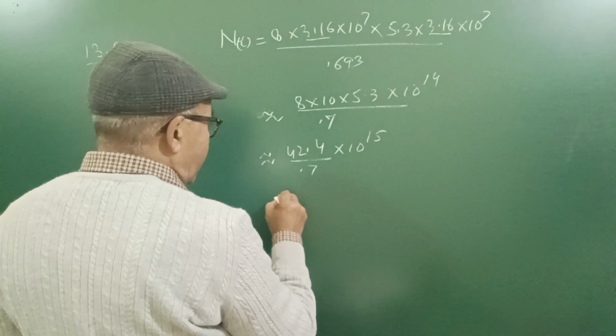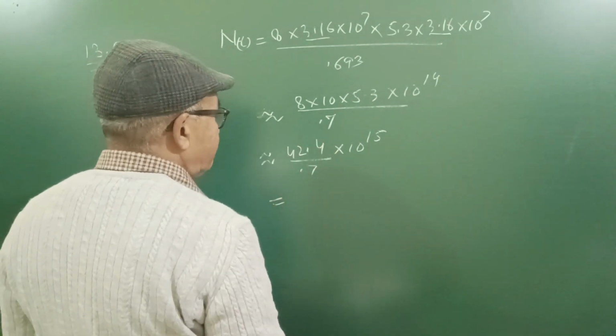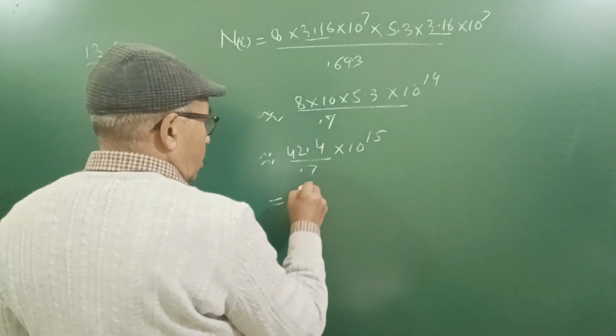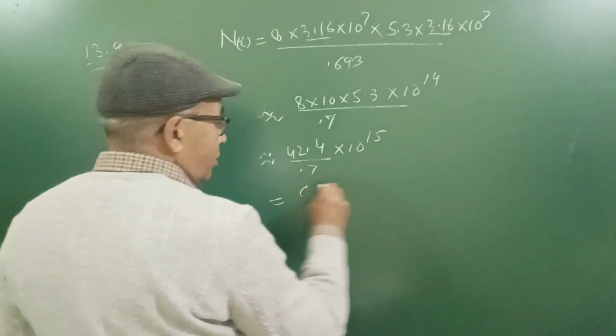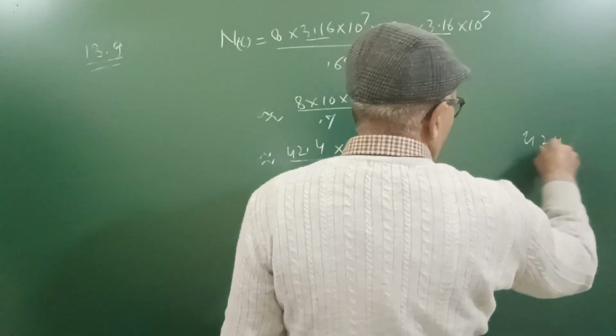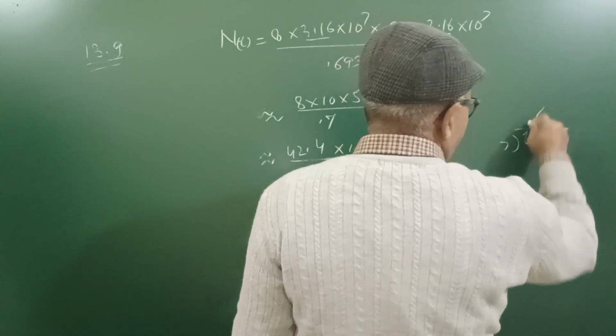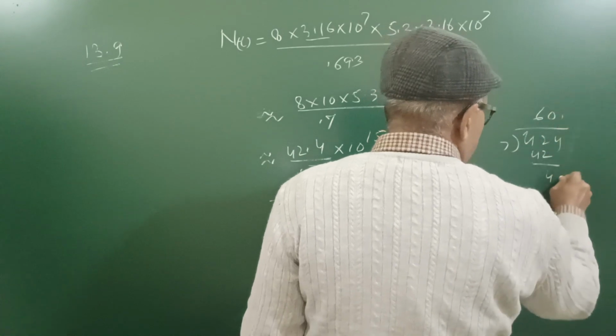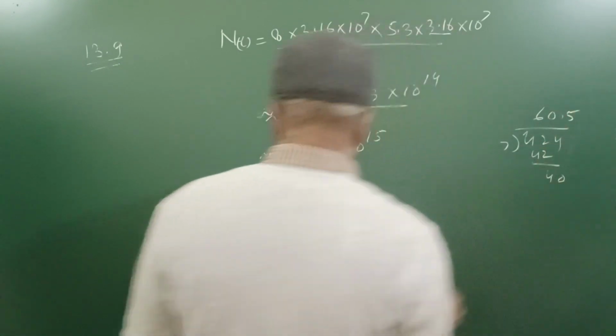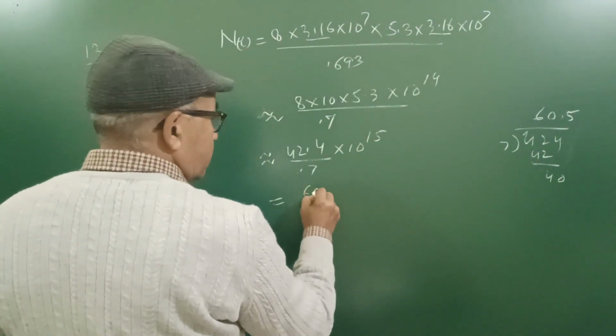If I divide by this, it will come out to be 7, 6. Remove this, 7. It is 424 divided by 7. 7 sixes are 42, 40.075.